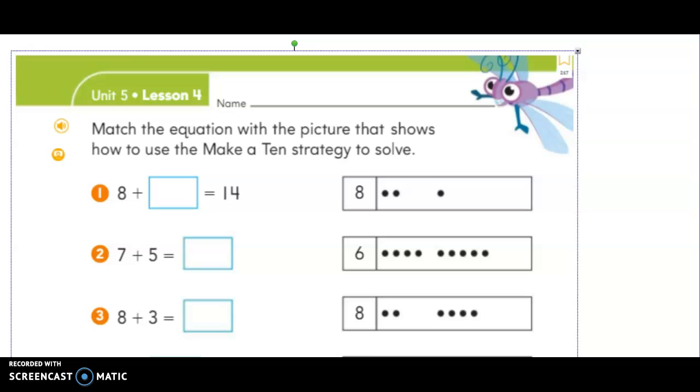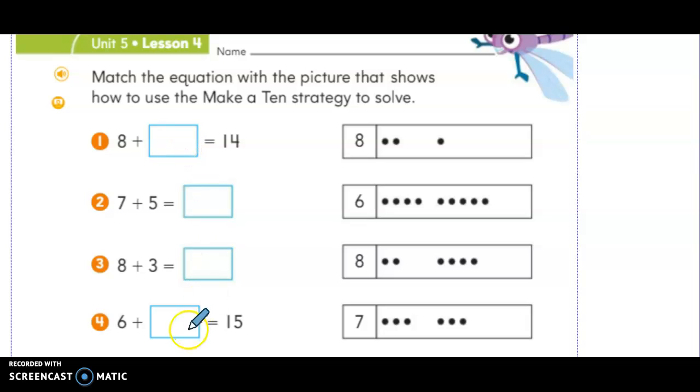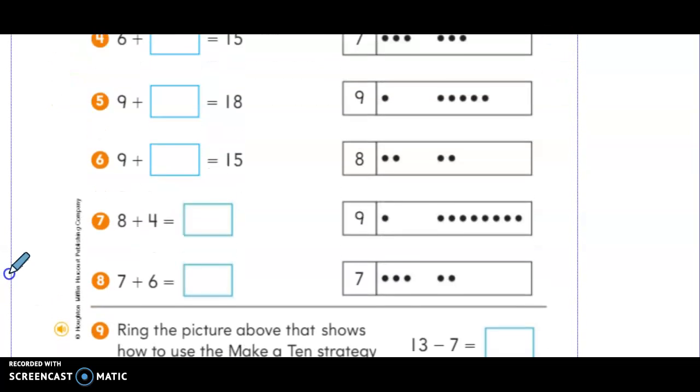All right, so for your workbook today, you're going to match the equation with the picture that shows how to use the Make a 10 strategy to solve. So, just like we did with lessons 1 and 2, except for now they're going to be mixed up a little bit. You see that there's unknowns in different places. And there are your choices.